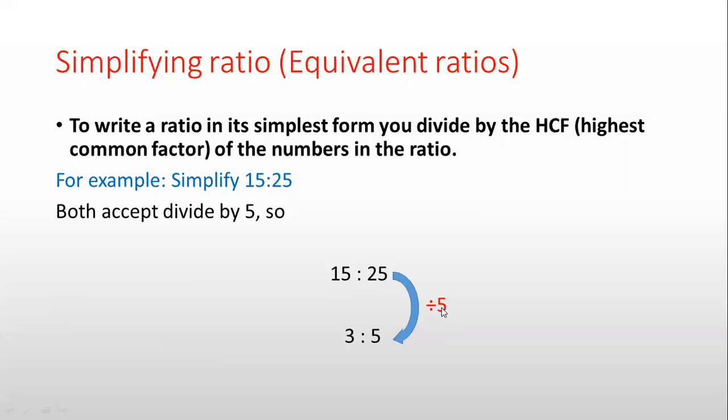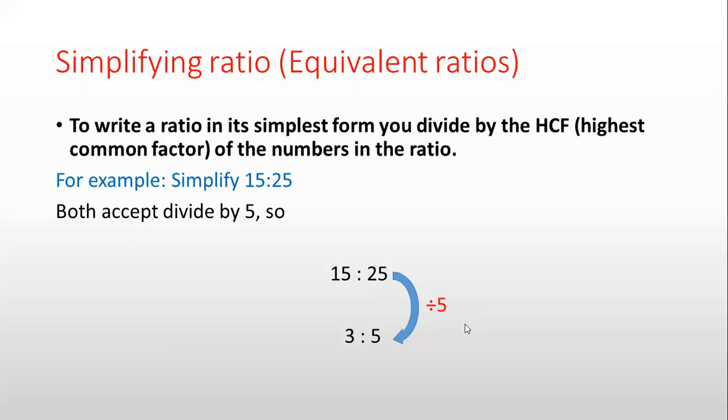Why did I choose 5 here? Because you can divide 15 by 5, and also you can divide 25 by 5. Can I use 4? Can I use 3? No, you cannot use 3. Because you can say 15 divided by 3, it's 5, that's acceptable. But you cannot say 25 divided by 3.